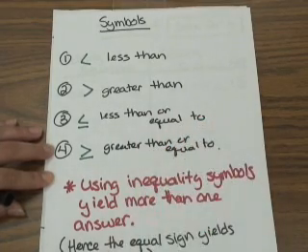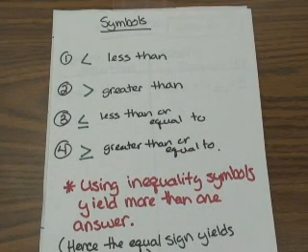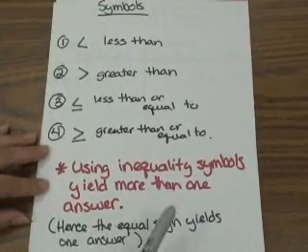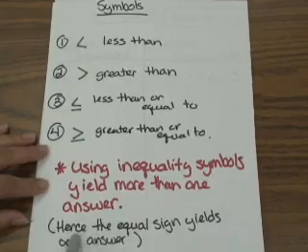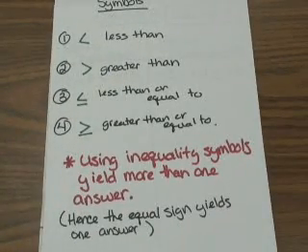These are the symbols that you will find in the inequalities. It will be taking the place of what you would normally see as an equal sign. So, using inequality symbols yields more than one answer. Hence, the equal sign only yields one answer.